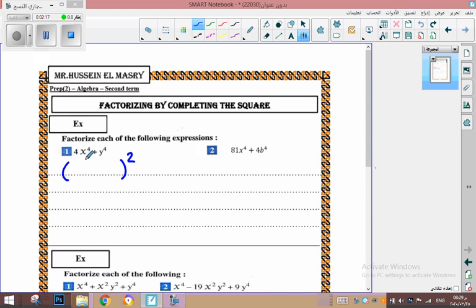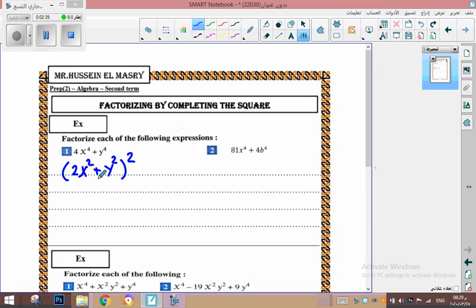What is the root of 4x power 4? Yes, 2x squared. Then I will write 2x squared, and the same sign in the middle, plus. Then I will write the root of the second term, which is y squared.